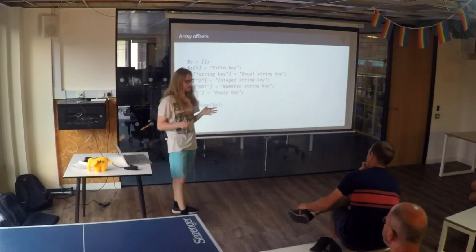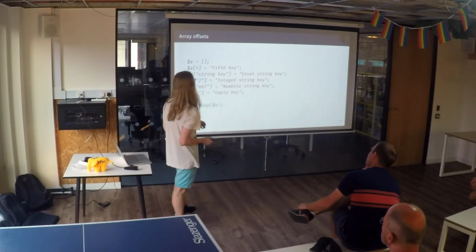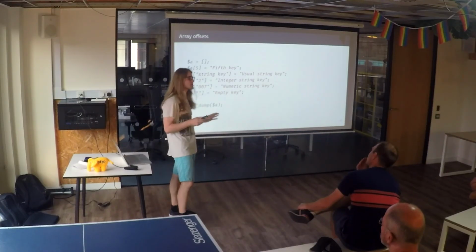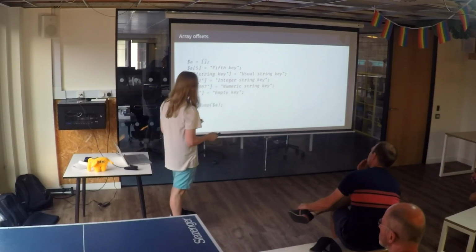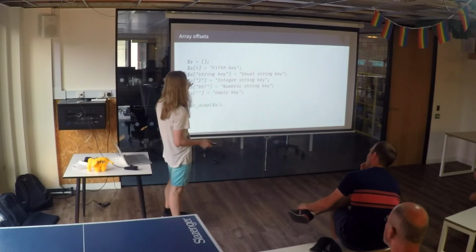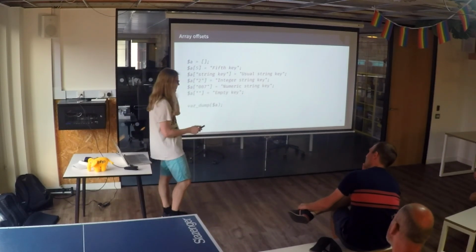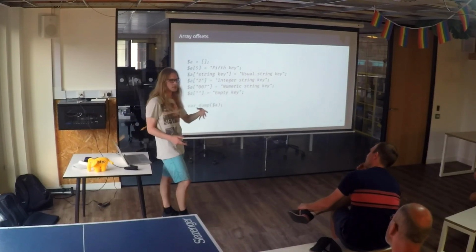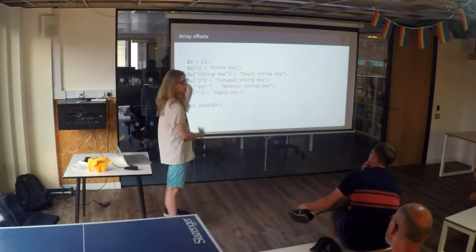Okay, so array offsets. The array offsets are mostly reasonable, in that you can have an integer key, you can have a string key, you can have a string key which is just an integer, or you can have it with a bunch of leading zeros. You can also have an empty key.